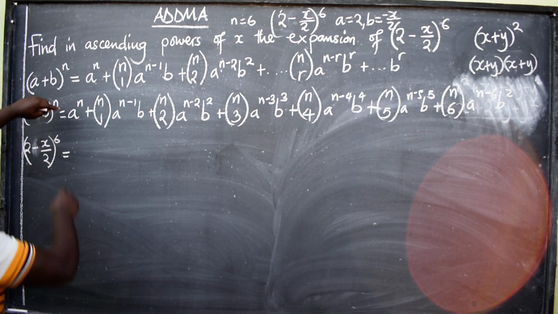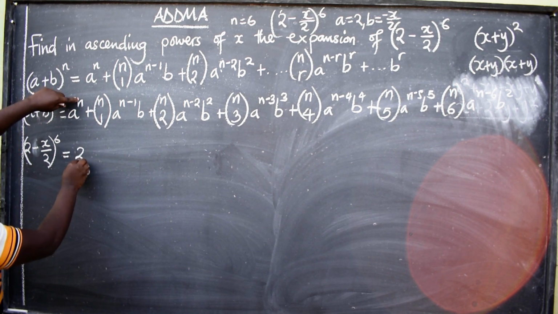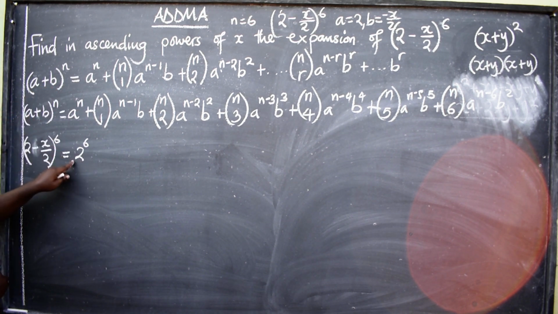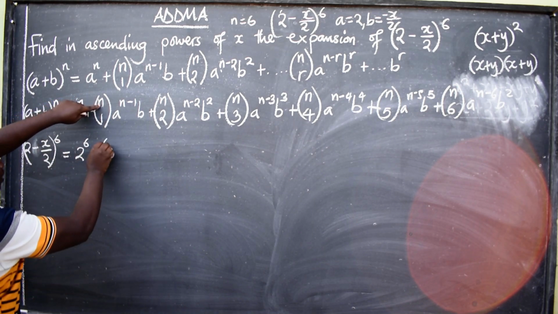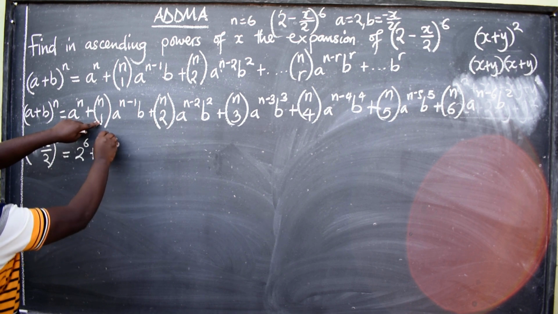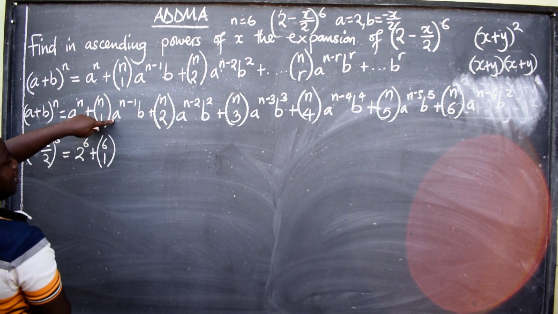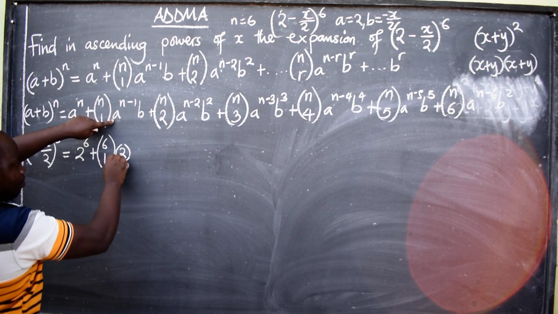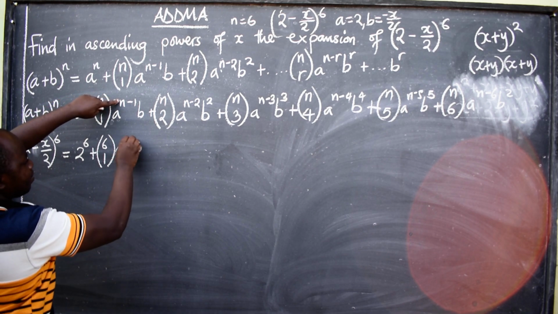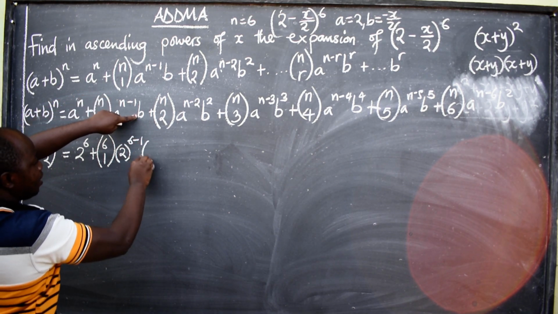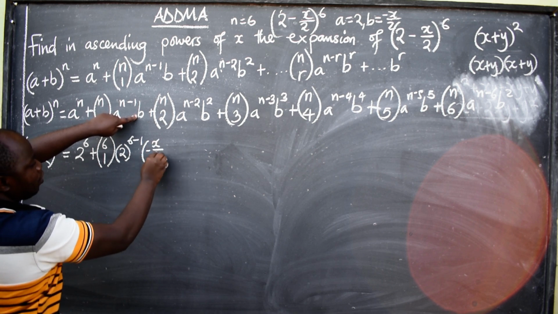Okay? So a is 2, n is what? The power 6. So 2 to the power 6 plus n is 6, choose 1, combination 1, a is 2, be putting them in brackets when you are substituting. Here 6 minus 1, b is negative x over 2.